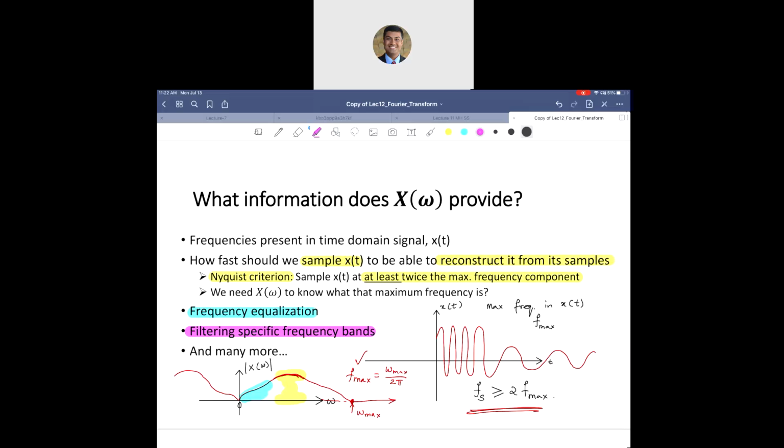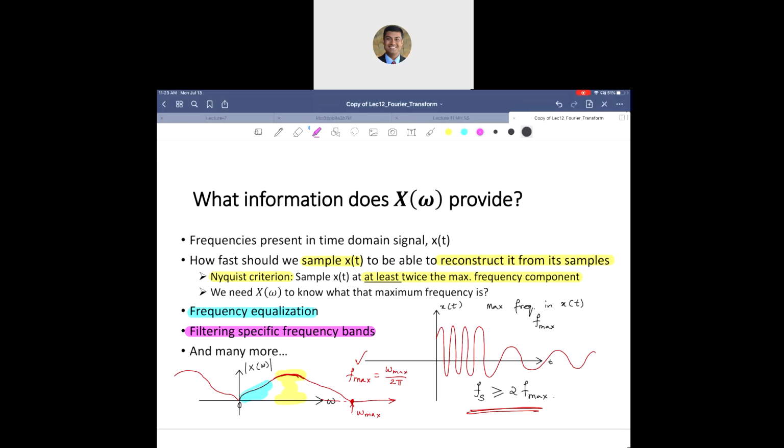So knowing the frequencies, or the frequency domain information, is very, very useful even in that application. And this list keeps going. I just pointed out a few that are more relevant to what I do.